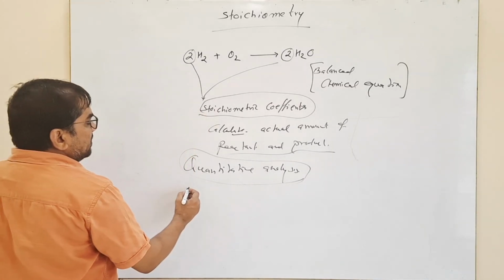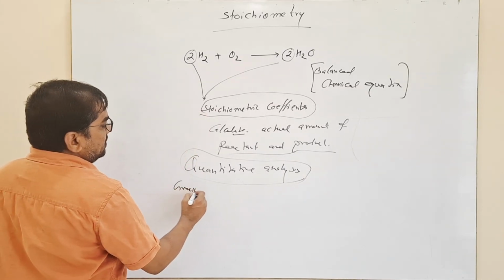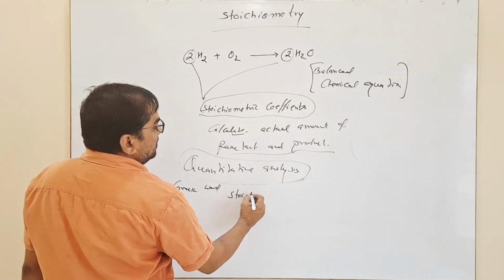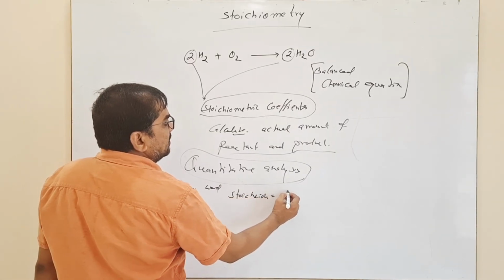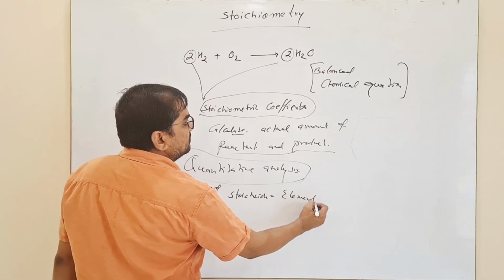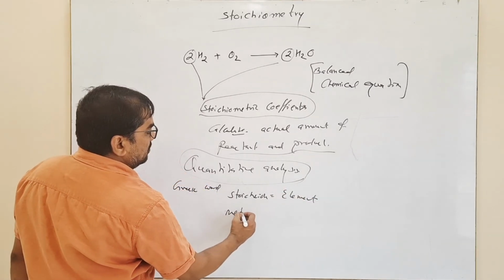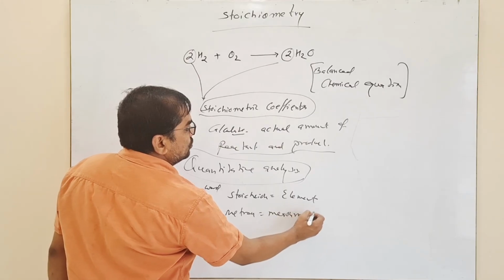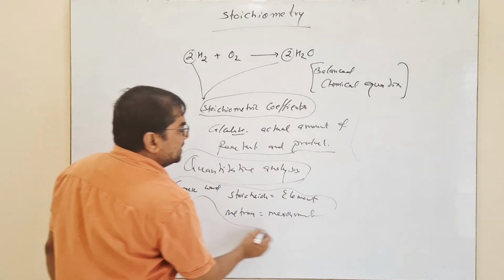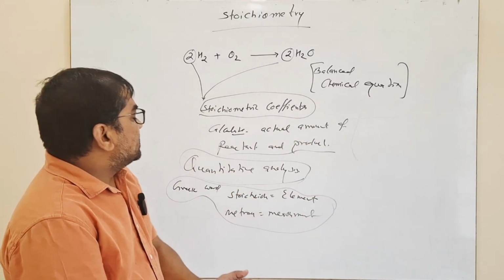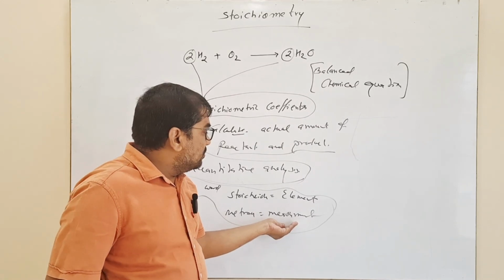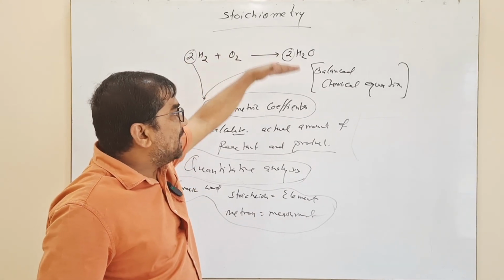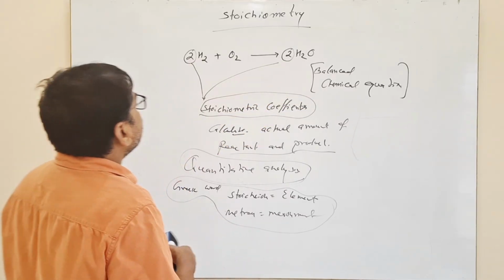Stoichiometry is a Greek word actually, derived from stoichion, that is element, and metron, that is measurement. So we can say that it's a type of measurement of the amount of the reactants and the products in a balanced chemical equation.